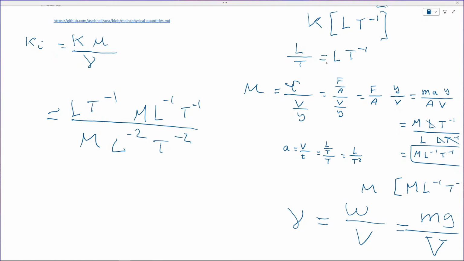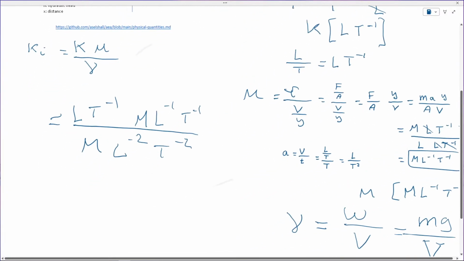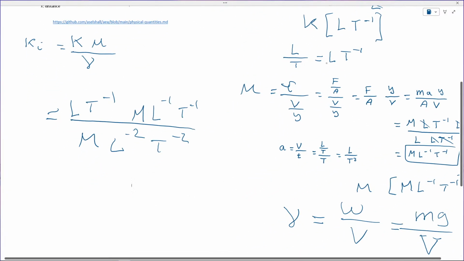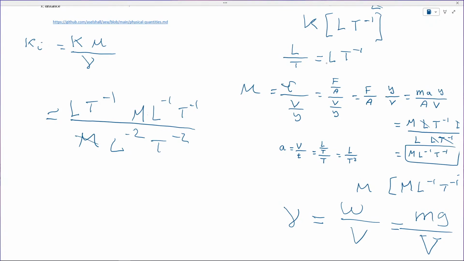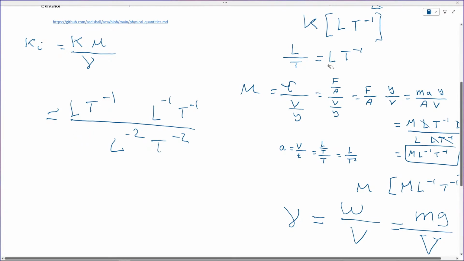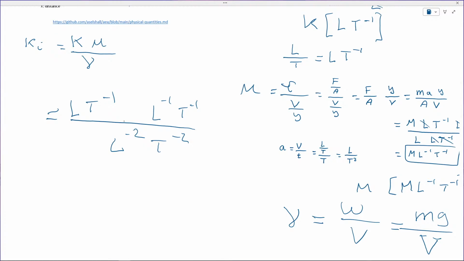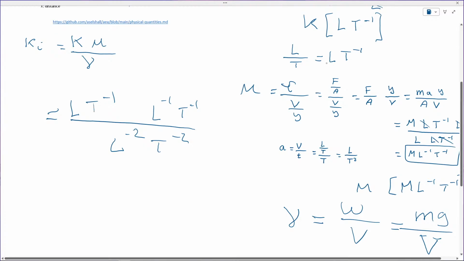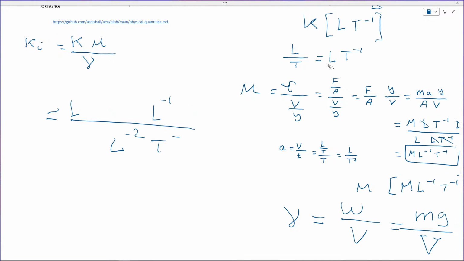So can we simplify this? Remember, the final solution is L squared. Yes, we can, because this can go away with this. Let's even remove it. Let's see what else we can do. This is T minus 1 and T minus 1. Can this go away with this? So we can remove this and this and this here. And then this is to the power of 2.